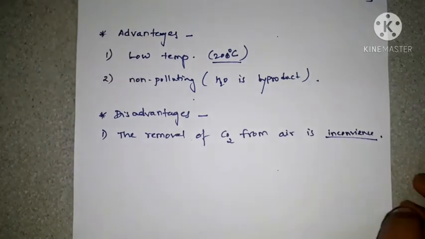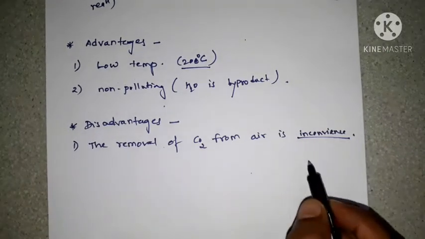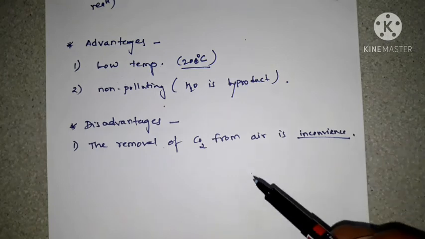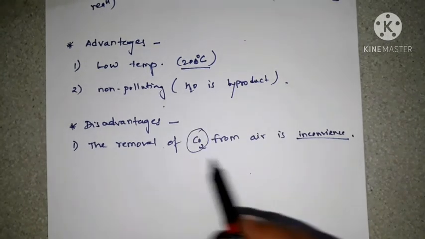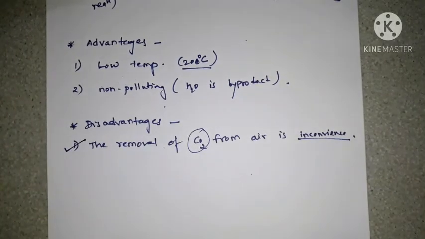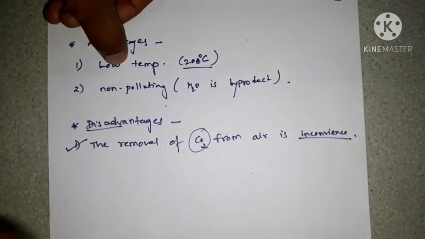It is difficult to remove CO2 gas from air, because when O2 gas passes on the cathode, CO2 is also mixed with oxygen. So this is the first disadvantage of the hydrogen oxygen fuel cell.